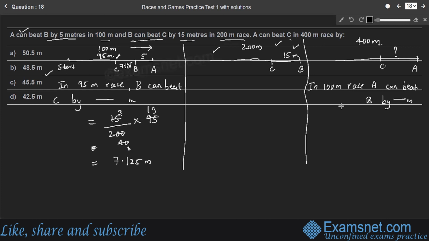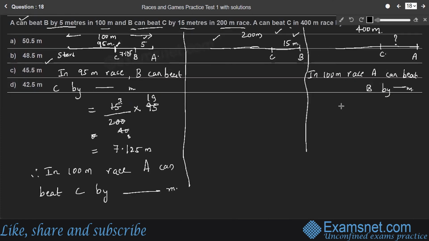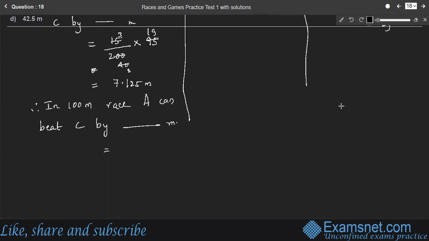Now come to the whole 100 meter race. Therefore, in the 100 meter race, A can beat C by the A and C distance, which is the sum of 5 meters and 7.125. 7.125 plus 5 is 12.125 meters.